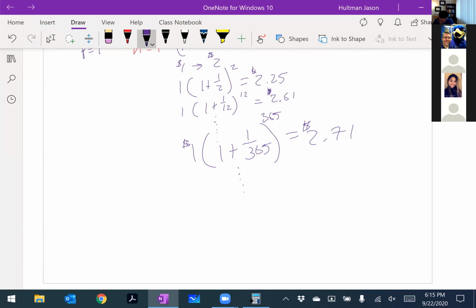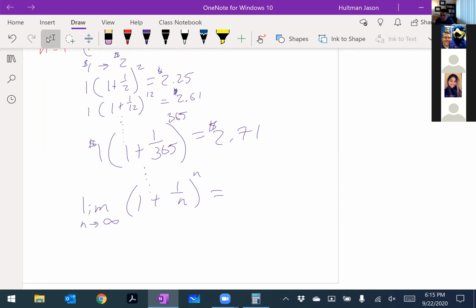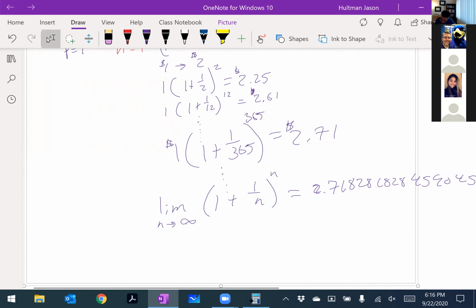The idea is that we want to take the limit, now that we know what a limit is, as n goes to infinity of 1 plus 1 over n to the nth power. And when I take the limit of this, through computation, this ends up being 2.718281828459045, and then it just goes on forever. This is what we call the natural base. We call that base e, or the natural base.